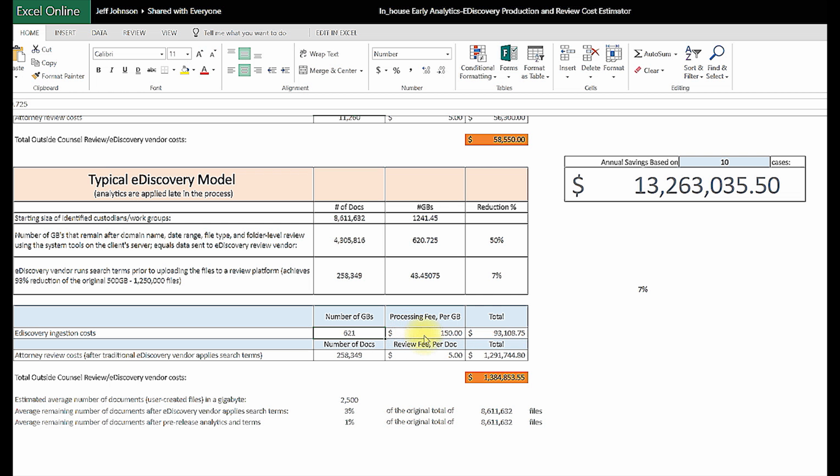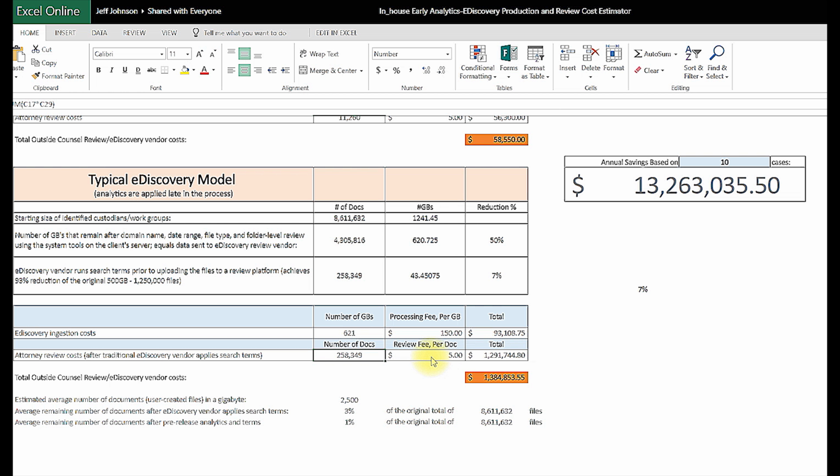It goes to an e-discovery vendor for processing. And then the e-discovery vendor runs key terms, and the resulting documents are then put into attorney review. This 258,000 documents goes into attorney review once key terms have been run by the vendor.